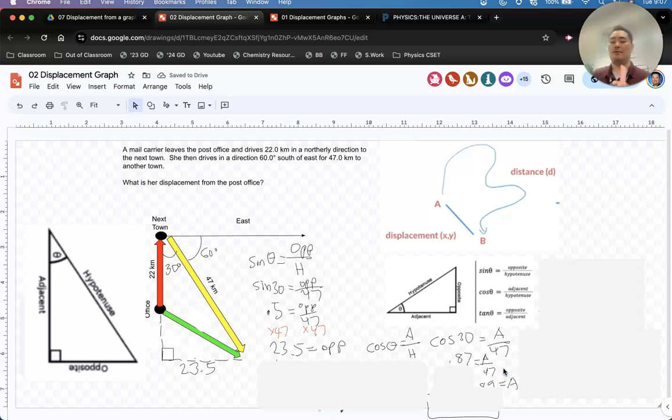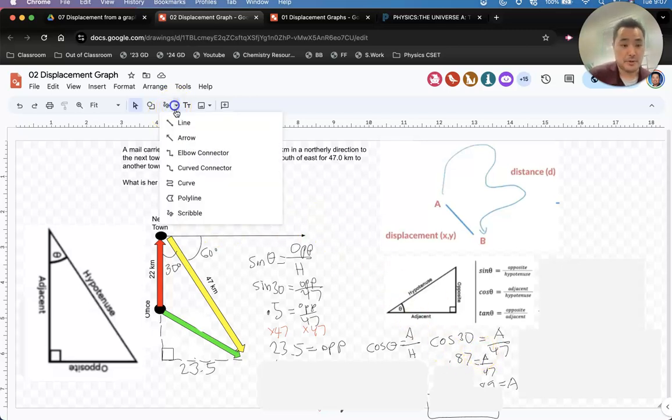Elijah, how do we solve for A? How do we get A by itself? We have to do the opposite of what's happening to A. Right now, A is divided by 47. So you do the opposite. What's the opposite of divide? Multiply. So we're going to multiply both sides by 47.